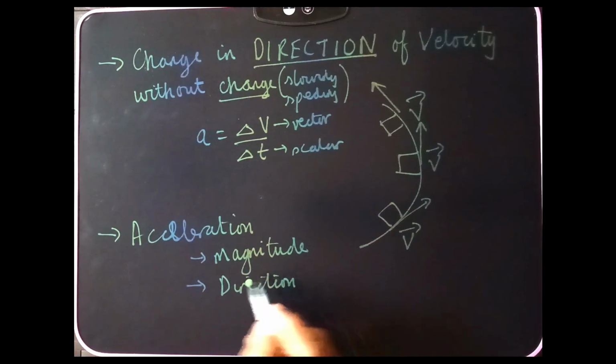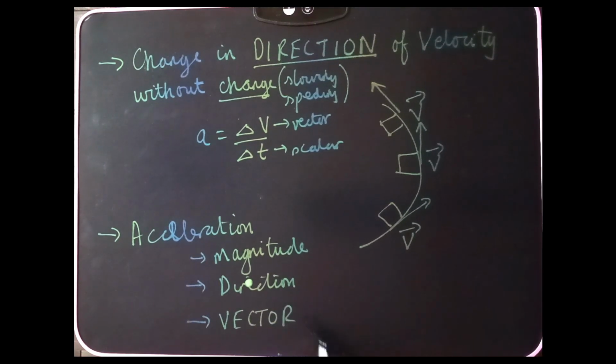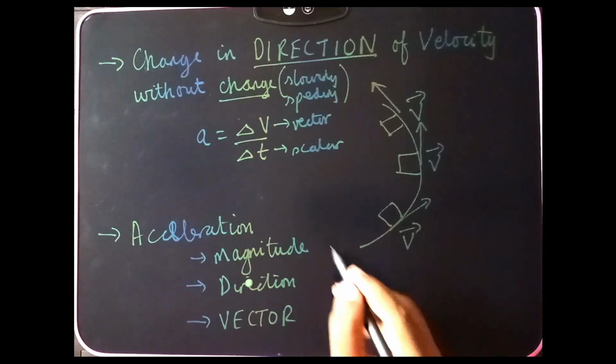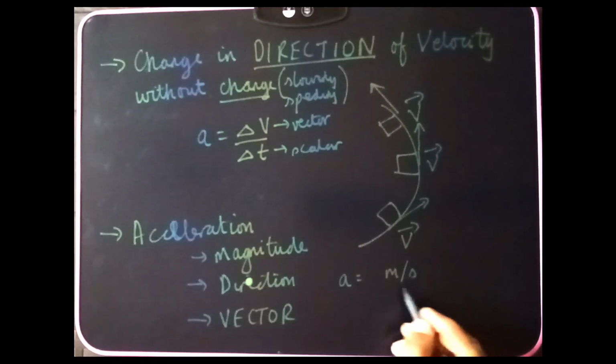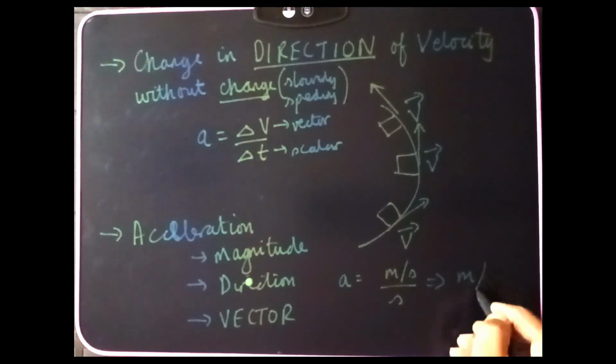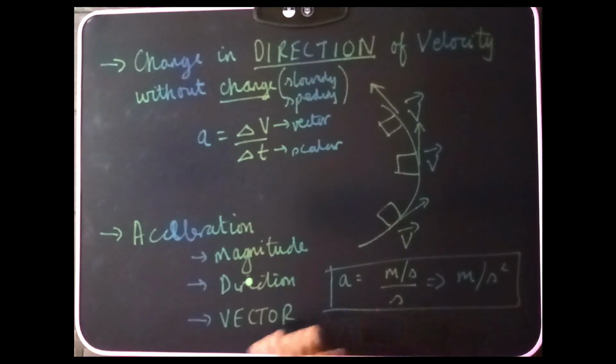So it's obvious that acceleration is also a vector quantity. And the unit: velocity is meter per second and time is second, so acceleration is meter per second square. If you have noted this down, I will clear this out.